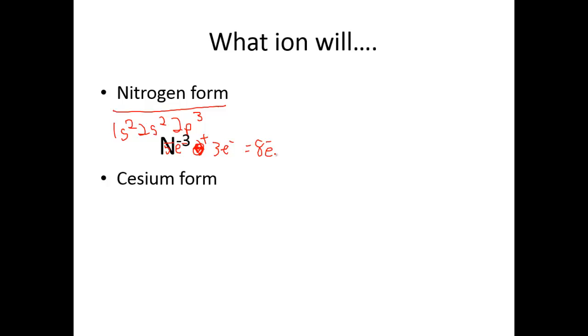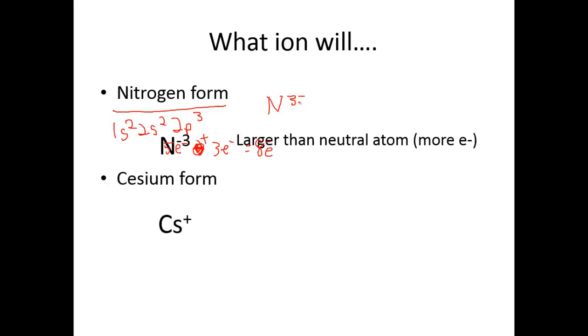So nitrogen is going to be a -3 charge, written as a superscript. When nitrogen gains 3 electrons, it's larger than our neutral atoms because it has more electrons. Cesium is going to want to lose an electron to become positive, and when it loses that electron, cesium is going to become smaller in size. So that's our information to begin with on atomic trends, the radius, and ions.